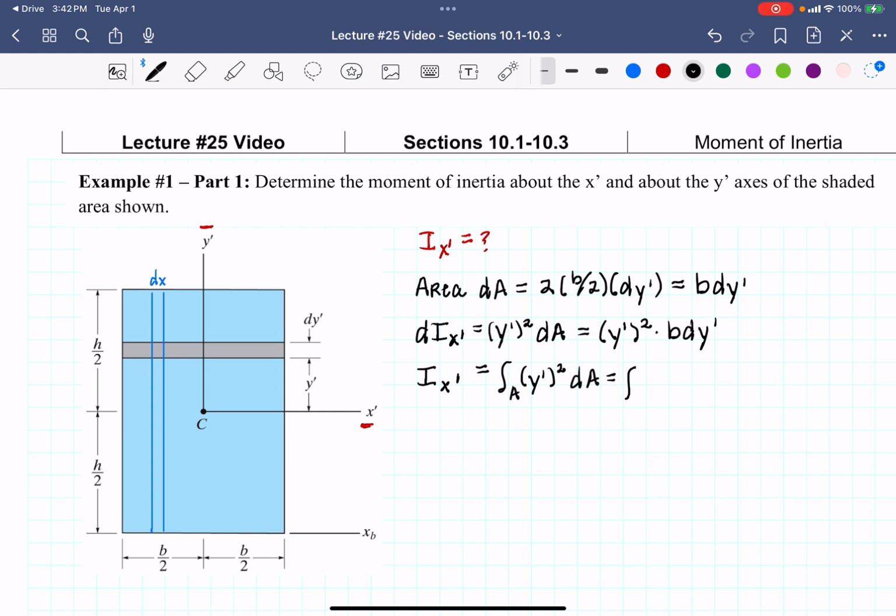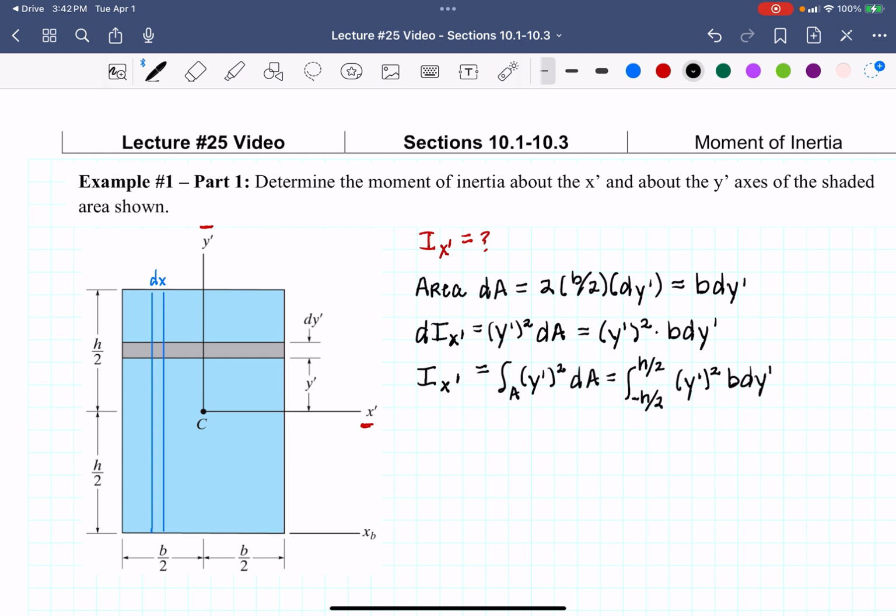So I'm going to go from negative h over 2, because I'm looking at my x prime being my axis, and I'm using dy prime. So I've got negative h over 2 to h over 2 is what I'm varying in my y direction, of y prime squared times b dy prime.